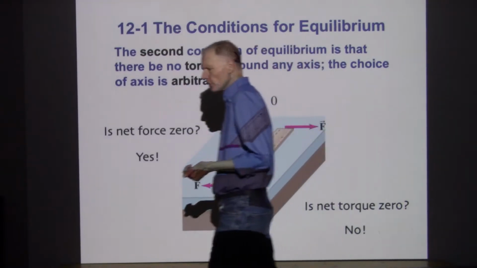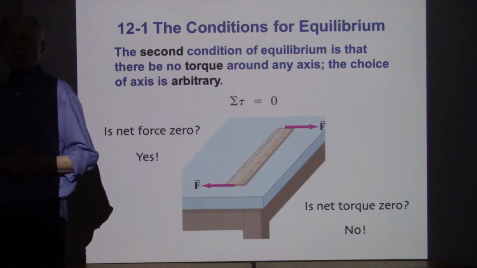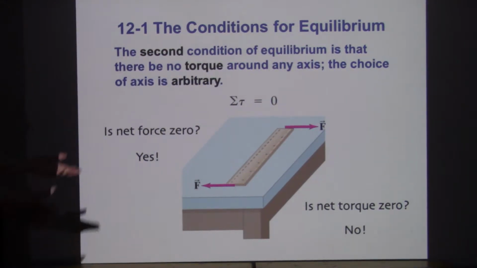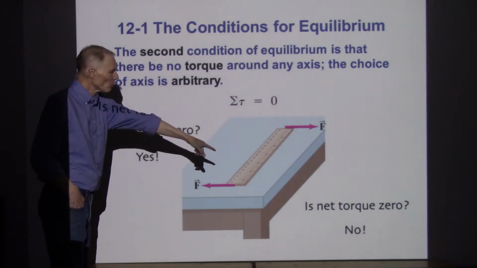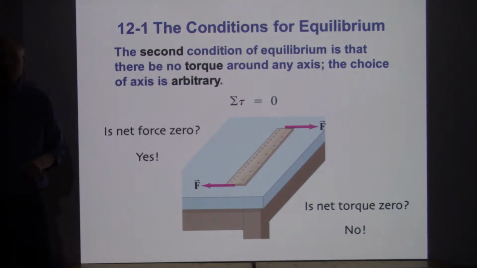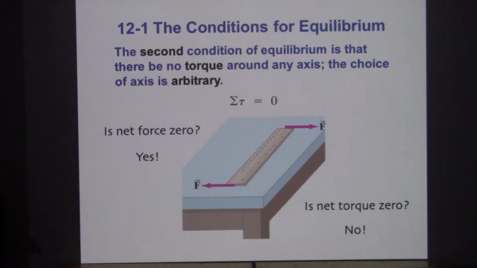the first condition for equilibrium, that all the forces cancel out. Well, they do. But the forces aren't lined up with each other. And that means that the net force is zero, yes. But what about the net torque? No. So it's not enough to look at forces. We have to establish that torques are also adding up to zero.